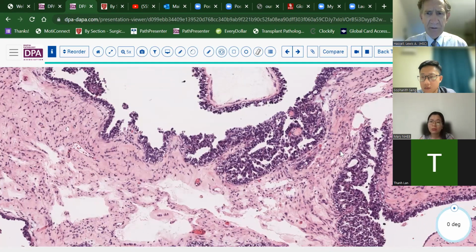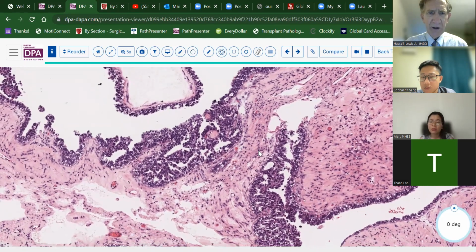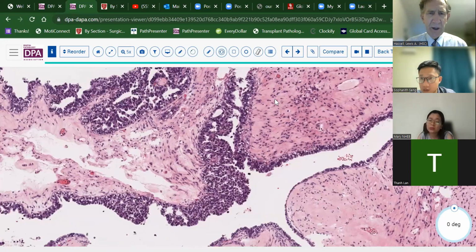And I believe that either the sample was sufficiently small that it was hard to tell, or we may have just had some other problem with interpretation at that point in time. But we routinely will do P53 stains on our ovarian tumors for this reason. And so recognizing and recalling this cribriform variant that can look deceptively high grade is a good thing to keep in mind.